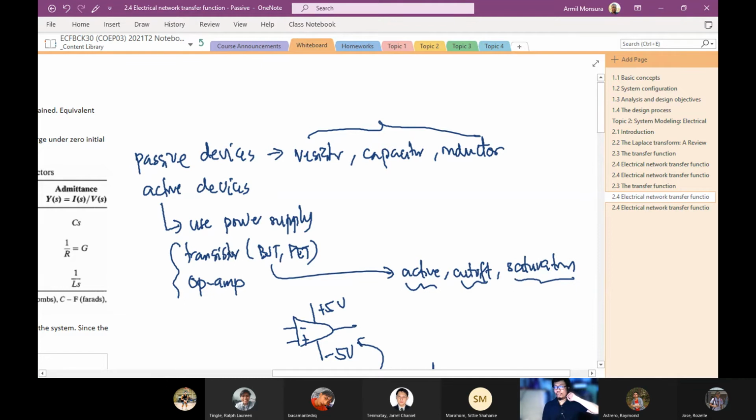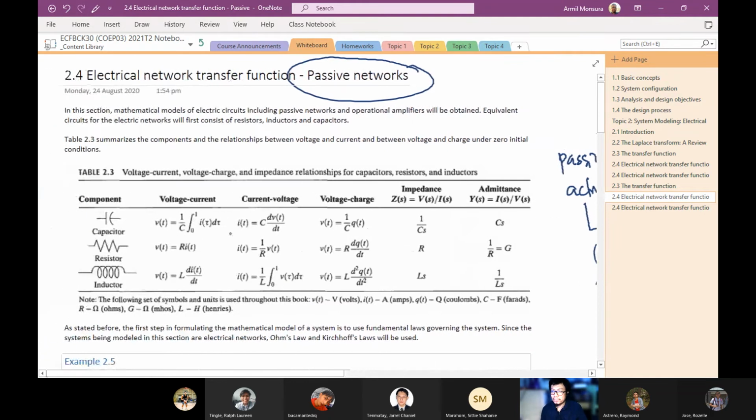I hope this is clear to you para alam niyo rin kung bakit passive yung tawag diyan. And again, as stated, meron tayong components ng passive network niyo, these three. I think merong mas detalyadong discussion dito yung recorded lecture that I assigned you to watch. Pero ito medyo i-shortcut ng konti.